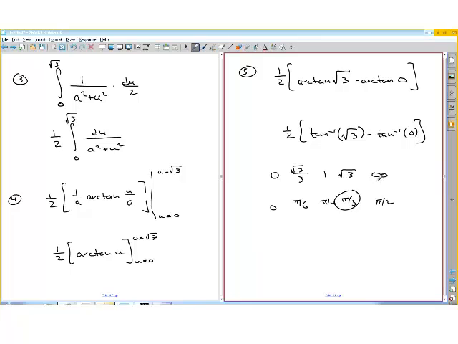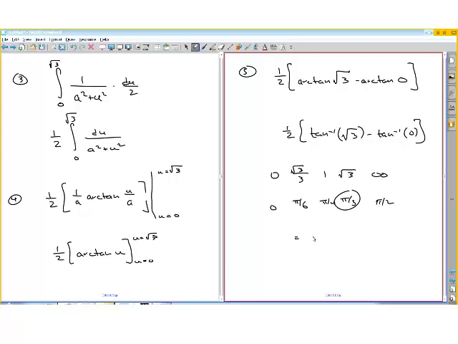So you can see that the angle whose tangent equals the square root of 3 is pi over 3. So you plug in your calculator, and the inverse tangent of 0 is 0. But if we didn't know that, we can take 1/2 times, now we use parentheses, inverse tangent of the square root of 3 minus the inverse tangent of 0. Oh, what did I do wrong here? I did something wrong with my 0. Okay, inverse tangent of 0.